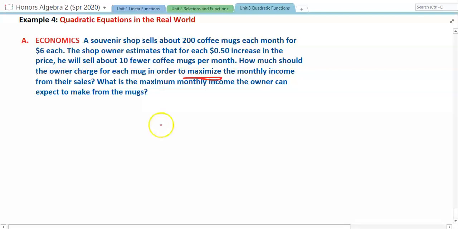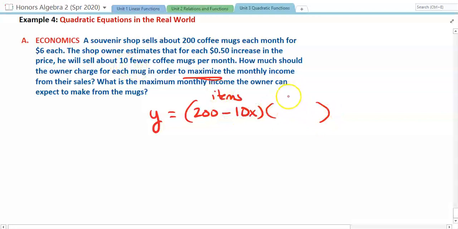And so y is going to be equal to, we start with 200 mugs, right? And so what are we doing? We're going to sell 10 fewer. So we're going to minus 10x. And in our second piece, so this is based on the number of items, our second one is based on the cost.